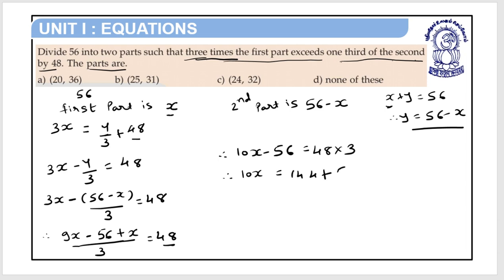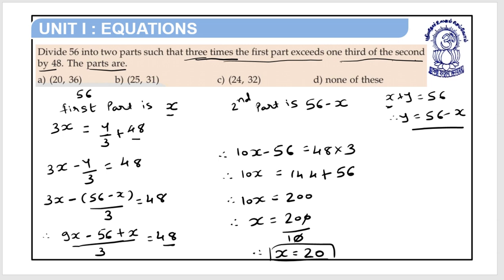So 10x minus 56 is 144, so 10x is equal to 144 plus 56, that is 200. So x is equal to 200 by 10, the 0s cancel, so 20. So x is equal to 20.